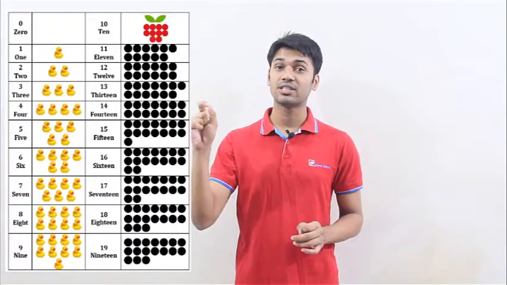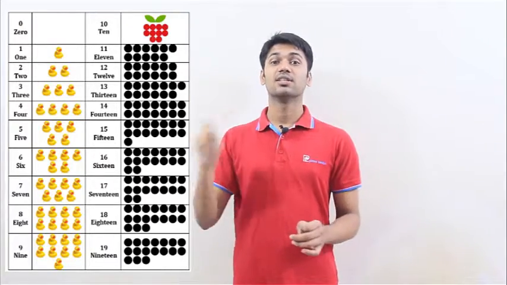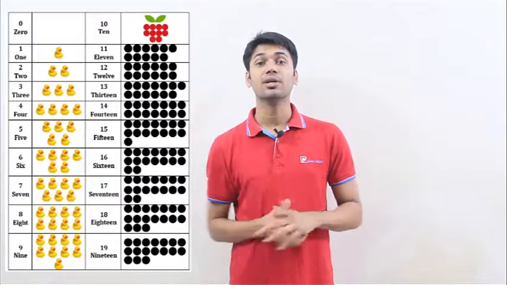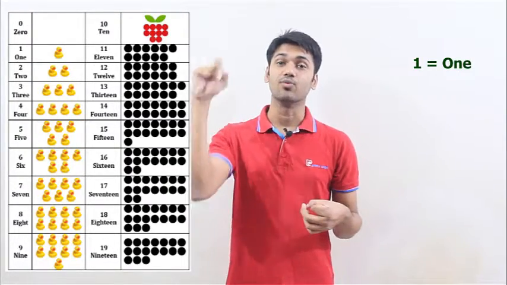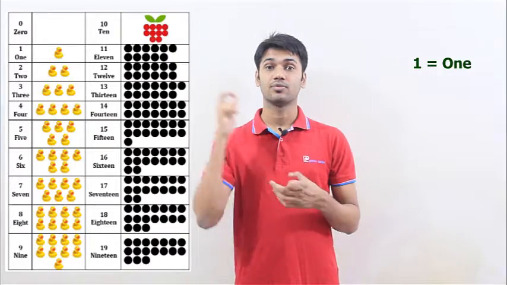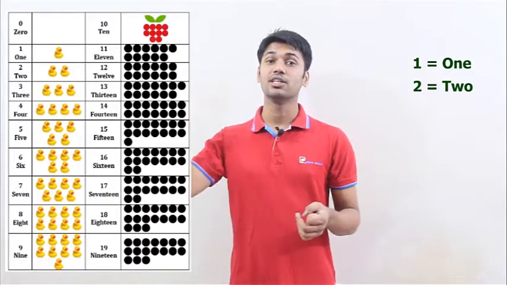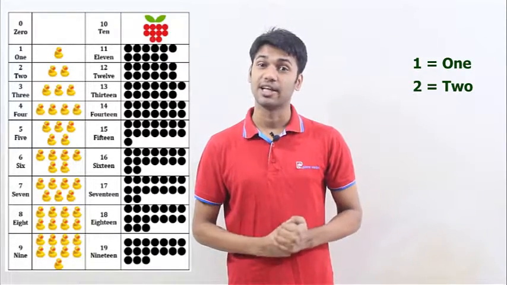Show them the whole table 1, 2, 3, 4, 5, 6, 7, 8, 9. Do it in the numeric form first. Okay. Once they have learned it, then you go through ONE, 1, TWO, 2. This is how you teach them.